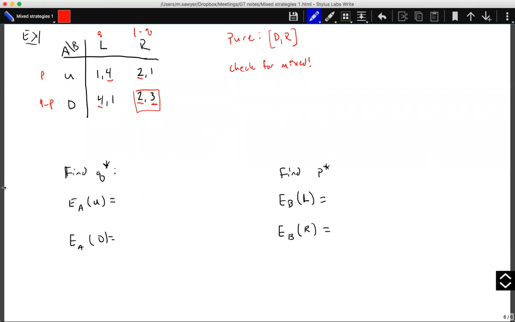So if A plays up, we expect 1Q plus 2 times 1 minus Q, which is equal to 2. And then we have 1 minus 2Q, so we get 2 minus Q. If A plays down, we get 4Q plus 2 times 1 minus Q. So we get 2 plus 2Q.